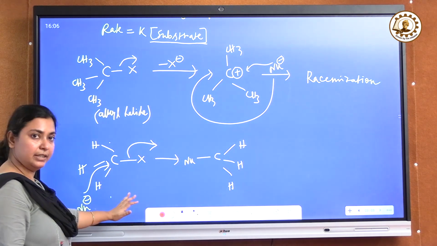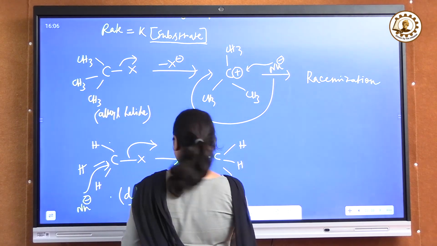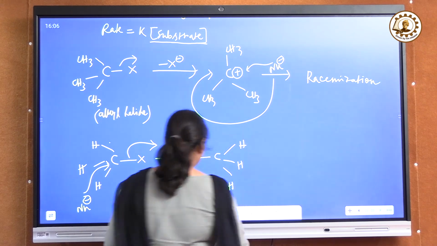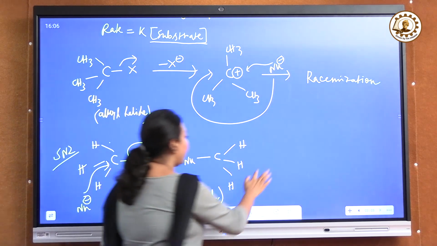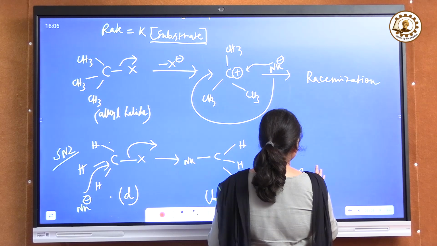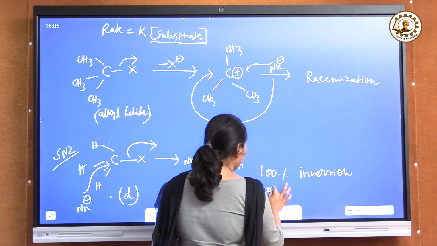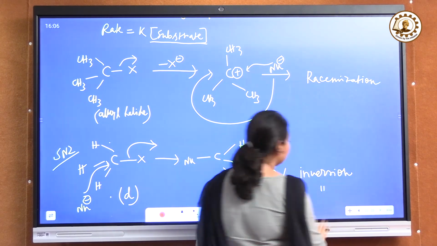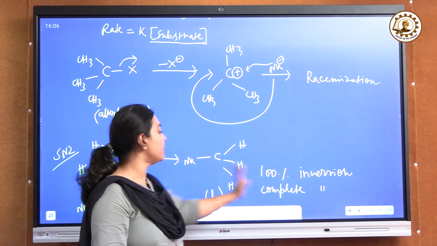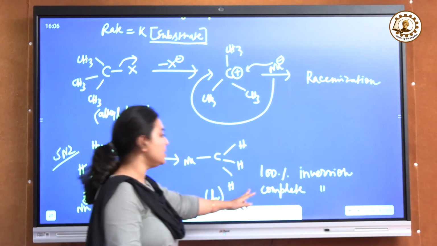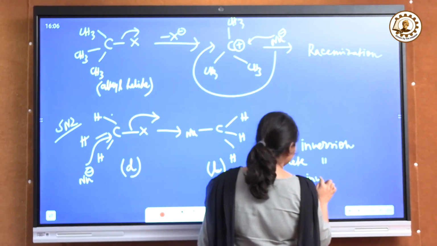If the substrate is in the form of D, the product will be in the form of L. So in case of SN2, 100% inversion, or complete inversion, is happening. In case of SN1, racemization is there, but in case of SN2, 100% inversion is happening. This is also known as Walden inversion.